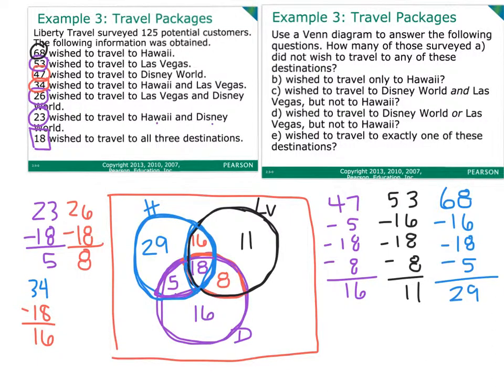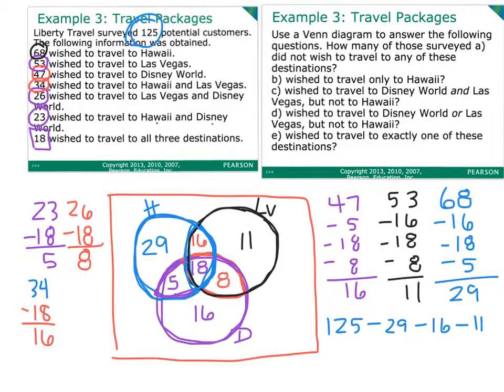Now, make sure that everyone who was surveyed got included. So there were 125 people surveyed. So let's take the 125 and let's deduct every number that lands in the bubble and see if we have anybody left over. So we need to take the 125 and deduct away the 29. We need to deduct away the 16. We need to deduct out the 11.